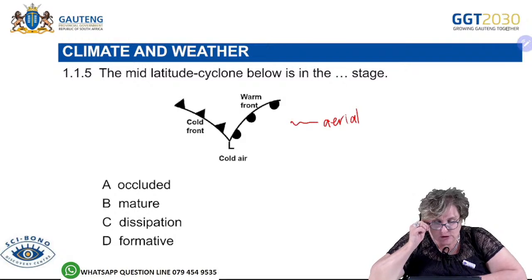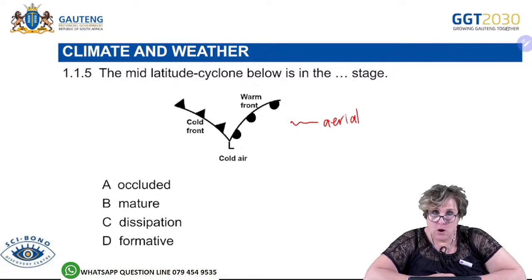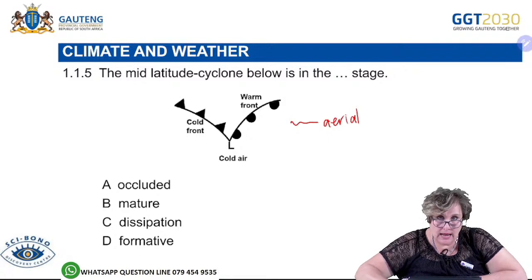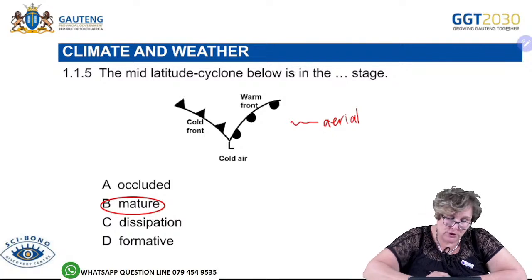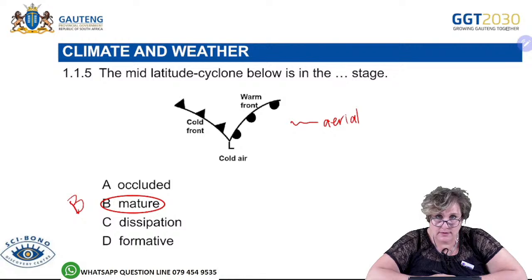The mid-latitude cyclone you see in front of you is in which stage? Okay, I believe you have your answer written down on your paper. I hope most of you have B as the correct answer.